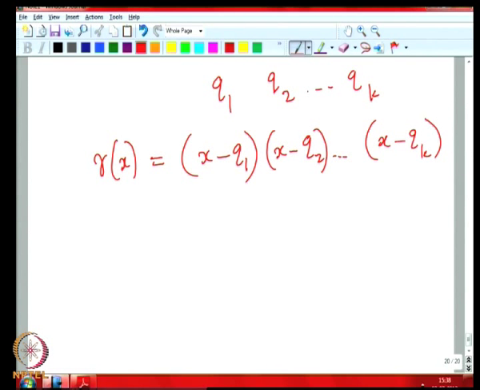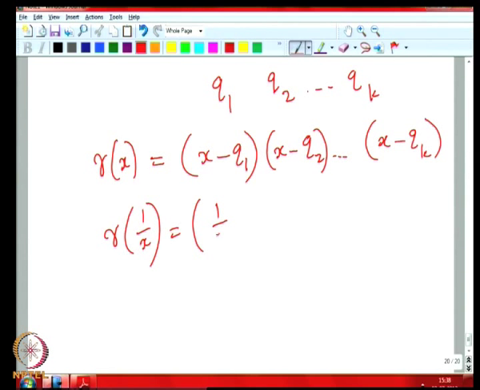Now, on the other hand, if we had taken r of 1 by x, so substitute instead of x we put 1 by x.